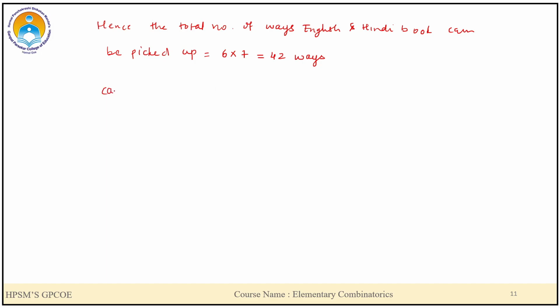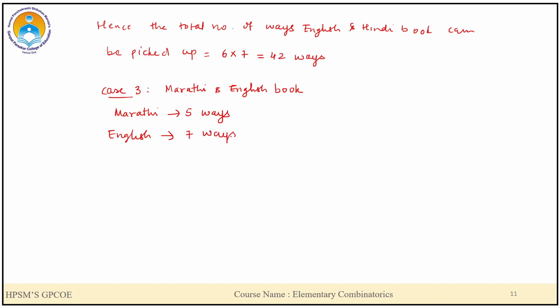Now the case 3, Marathi and English book. So Marathi book can be picked in 5 ways and English book can be picked in 7 ways, right?